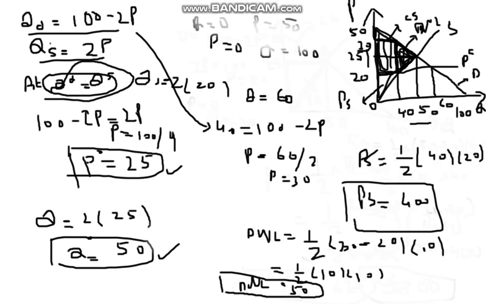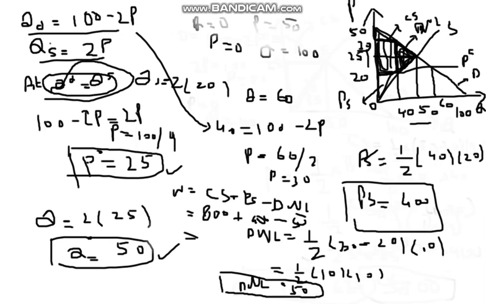So simply we can check the total welfare. When there is a rent control, the welfare is equal to consumer surplus plus producer surplus minus the deadweight loss. In the previous video we calculated the consumer surplus, which was 800, producer surplus is 400, and we get the deadweight loss, which is equal to 50.